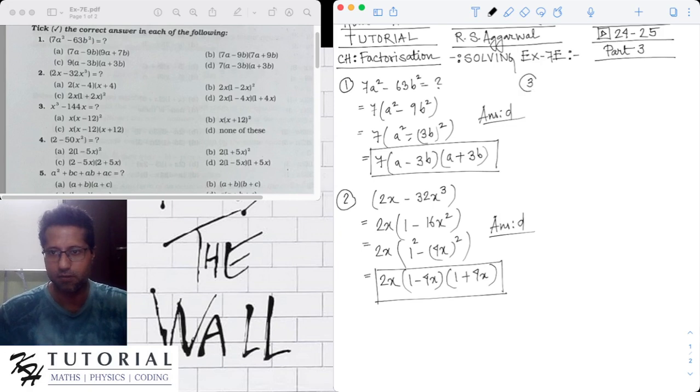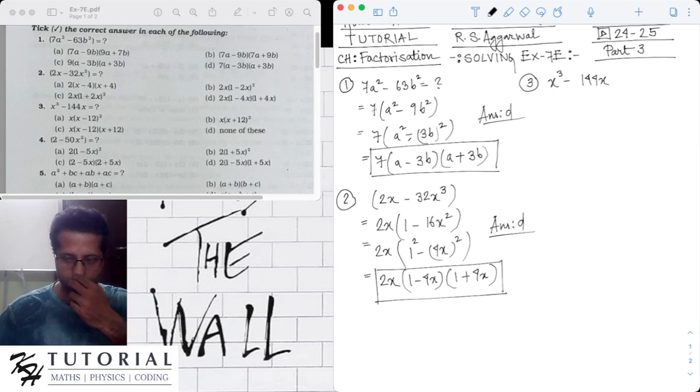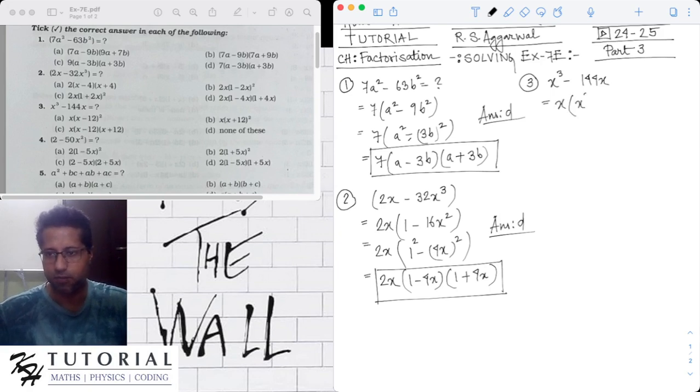Let's utilize the space. The third one is x cubed minus 144x. Now clearly I can see x will be a common factor from both the terms. So let's factor out x, and we get x multiplied by x square minus 144.